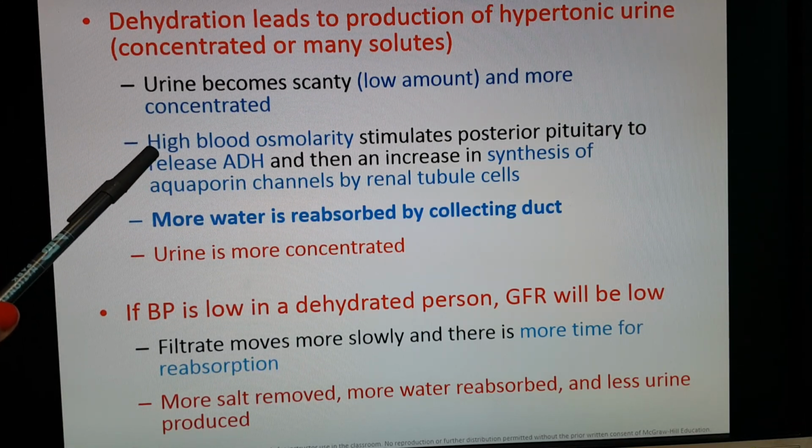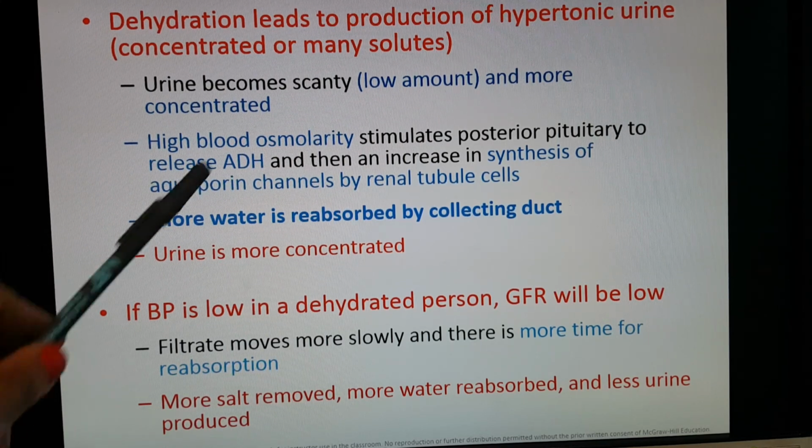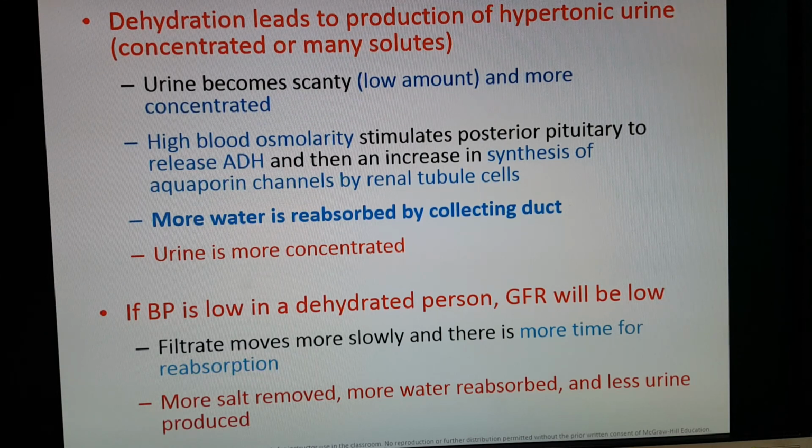Your blood has high osmolarity because you don't have enough water, so it stimulates the release of ADH hormone and therefore increases the number of aquaporin channels in the renal tubule cells, allowing more water to be reabsorbed by the collecting duct. Just allowing more passageways for water to reabsorb as much as possible, and therefore urine becomes more concentrated because you're taking even more water away from the fluid inside the collecting duct.